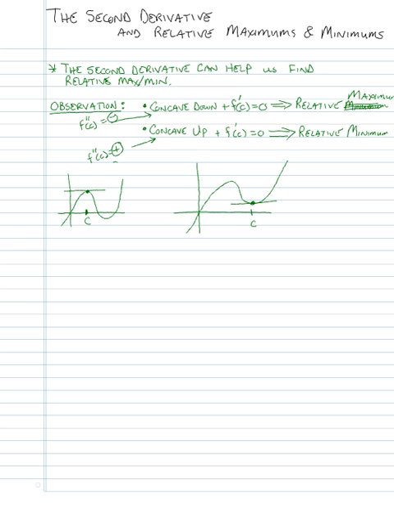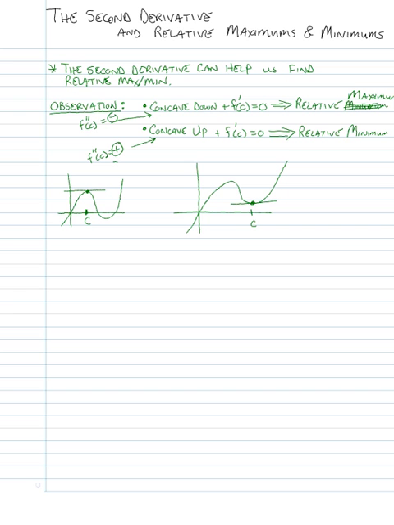So that's really the observation: if the second derivative is negative, that tells us we're concave down. And if it's negative at a particular critical number of the first derivative where we might have a maximum or a minimum, we know that it's actually a maximum because we're concave down. If the second derivative is negative, then we have a maximum.